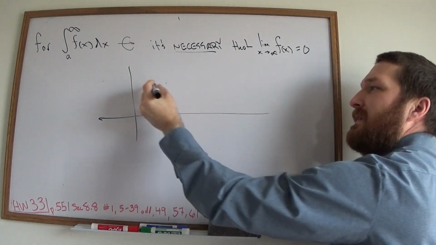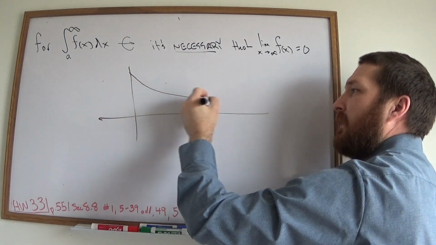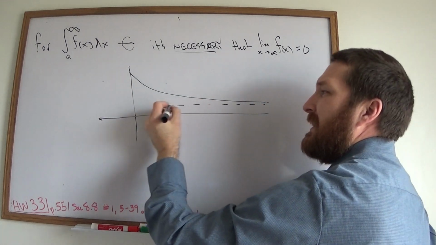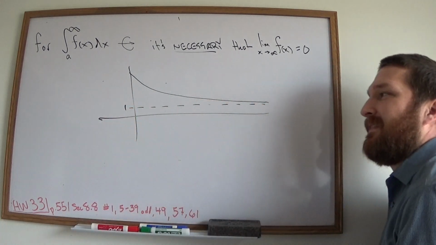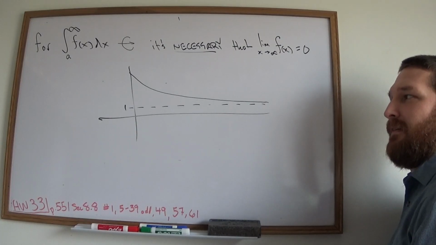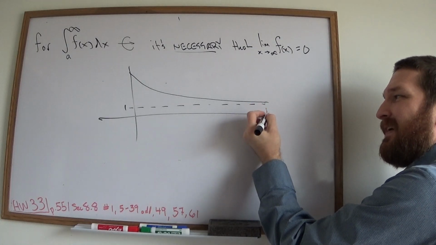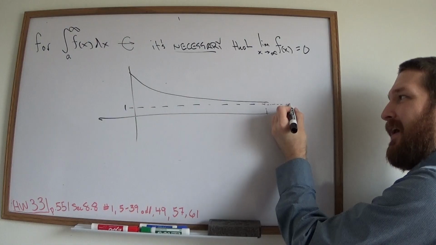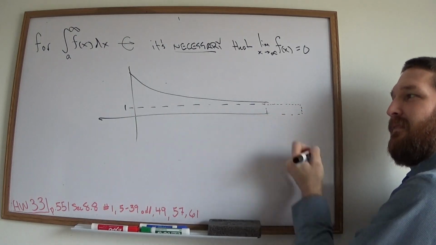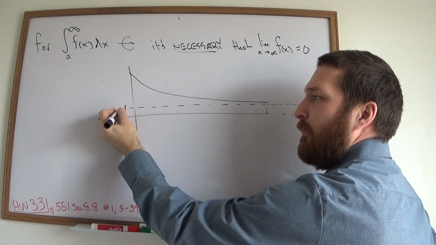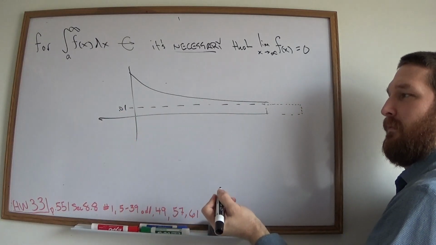Because if it went to any other number, let's say its limit was 1, well, obviously, then the area is going to be infinite. Even if it's 0.01, it's still in there.